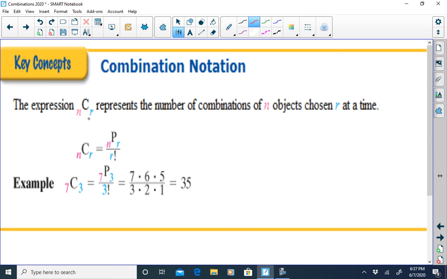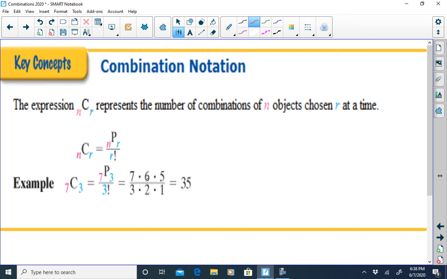Combination notation is similar to permutation notation, except that to find the number of combinations, we take the number of permutations and divide by the factorial of the number of objects chosen at a time. For example, 7C3 is the same as 7P3 divided by 3 factorial.